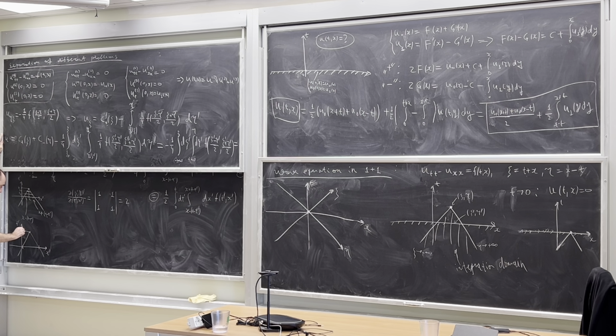So this point is t, and this point is x. And this is x plus t, this is x minus t.